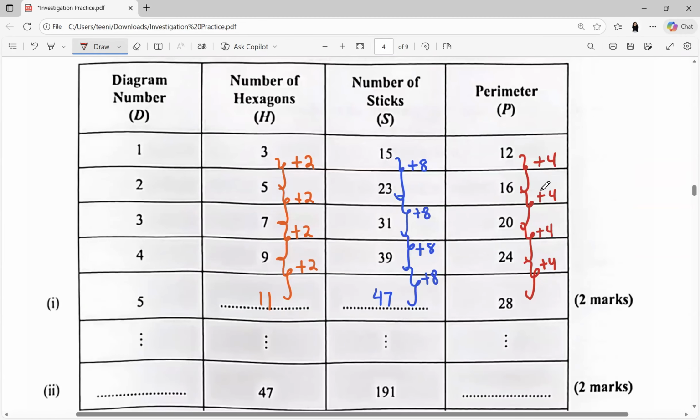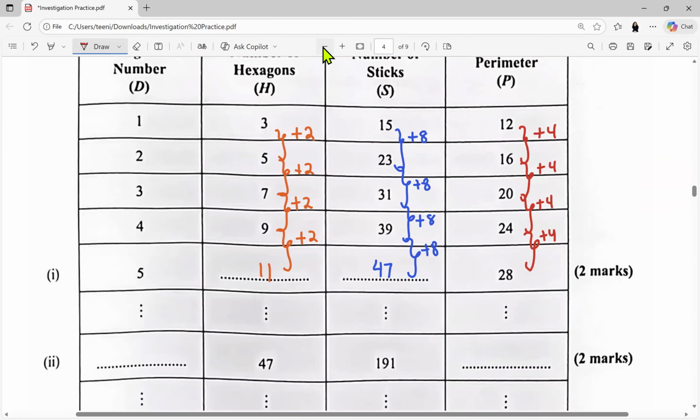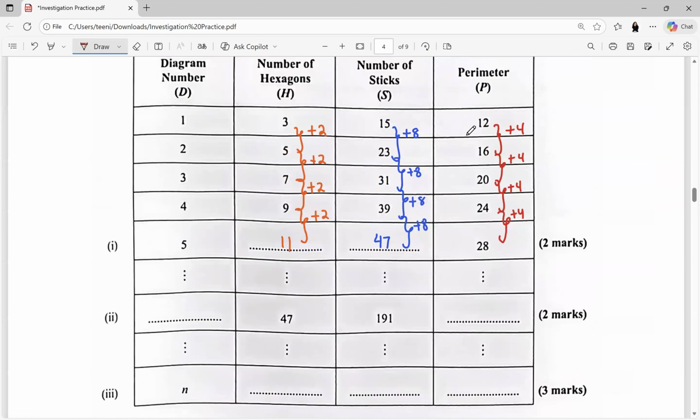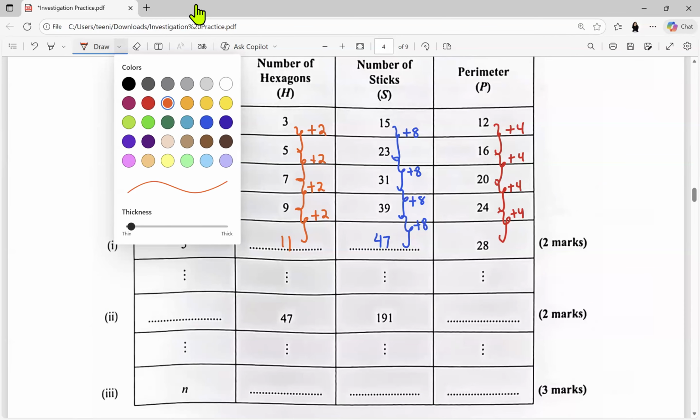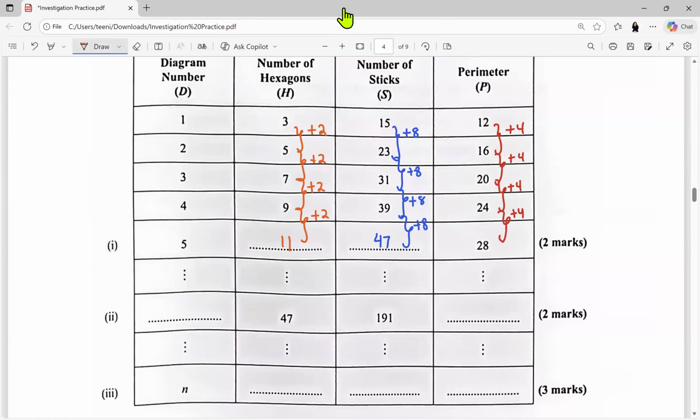And now to figure out what the general rule for the number of hexagons is, well, we already know the common difference is 2. So we create an equation with 2 times the diagram number, which is n, right?